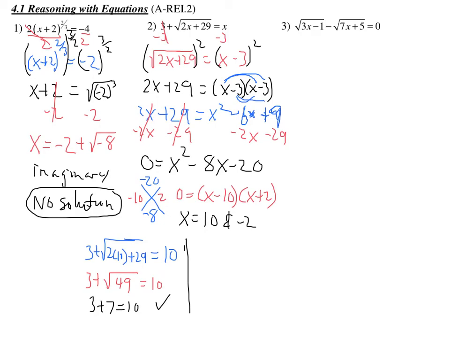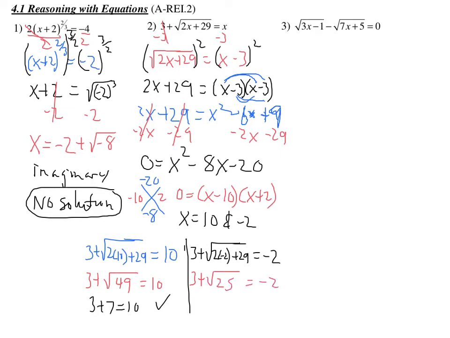Let's check negative 2. 3 plus the square root of 2 times negative 2 plus 29 equaling negative 2. All right, so that'd be 3 plus, what's negative 4 plus 29? 25.